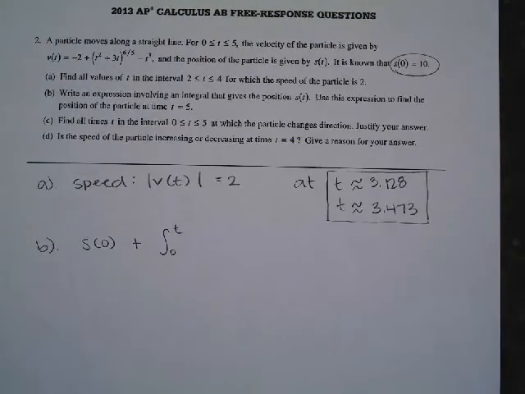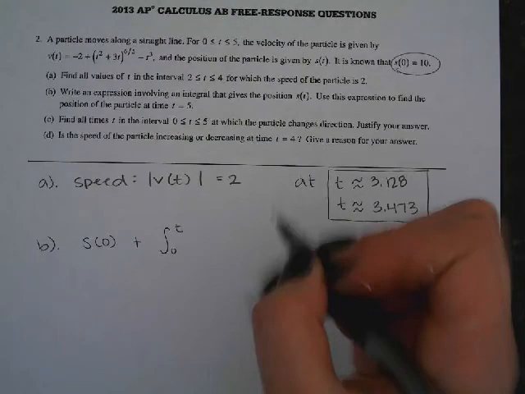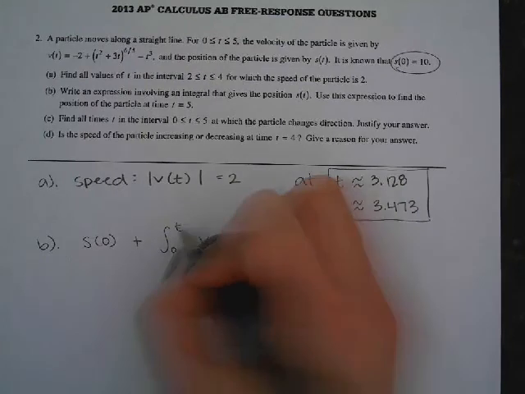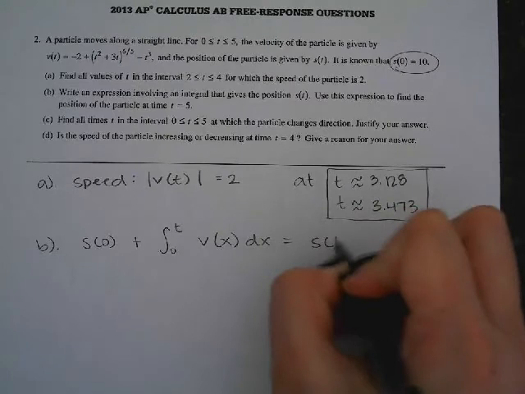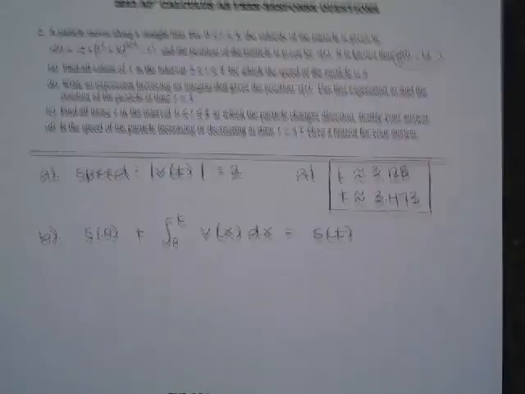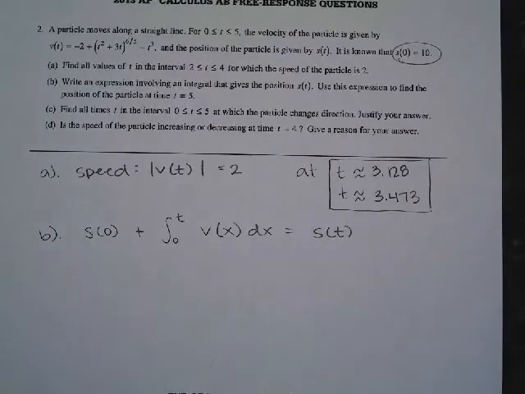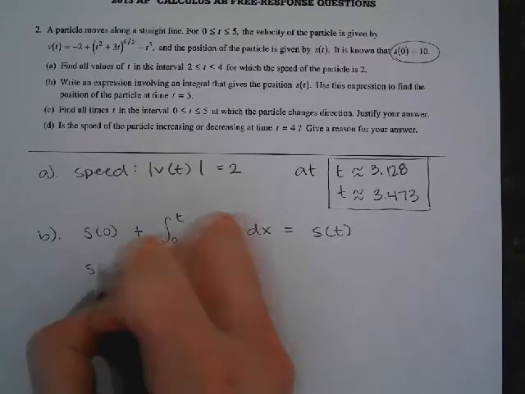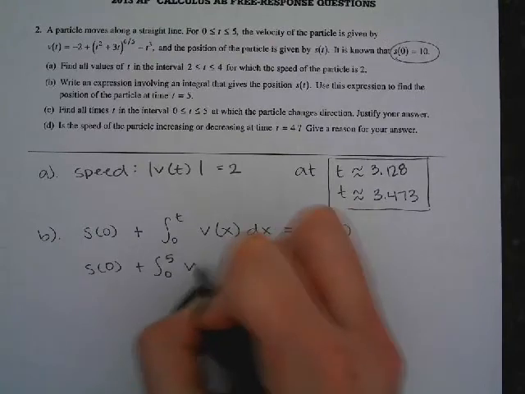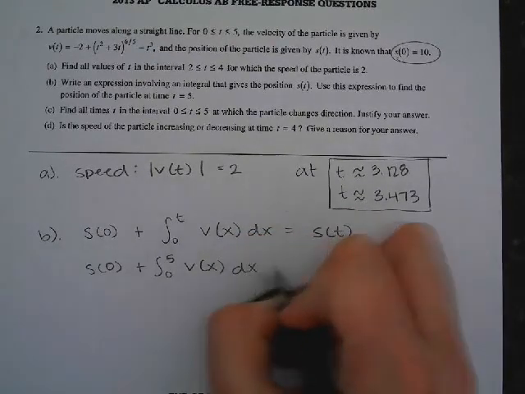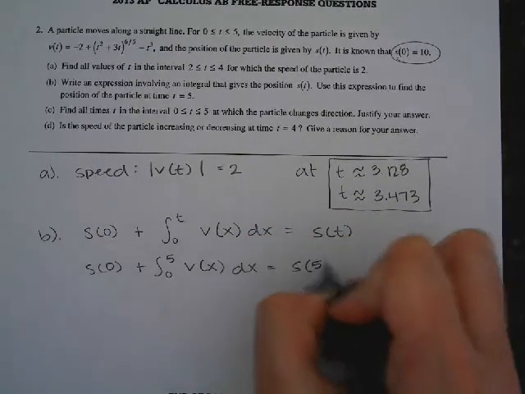That's because here we're writing an expression that'll give us s of t no matter what the t value is. So this is using, now I can't say v of t. I have to have a different variable. Okay, so if you want to know what the position is at t equals 5, then you're going to say, take that initial value and the integral from 0 to 5. And that's going to give you s of 5.